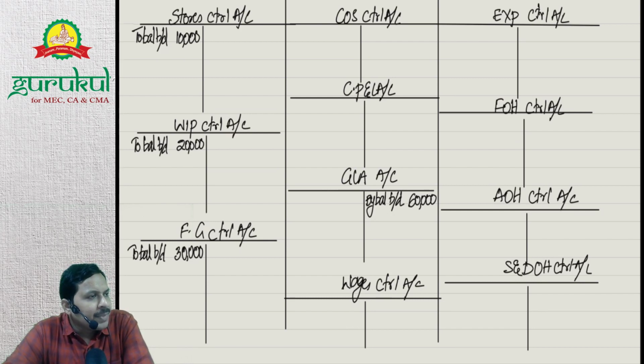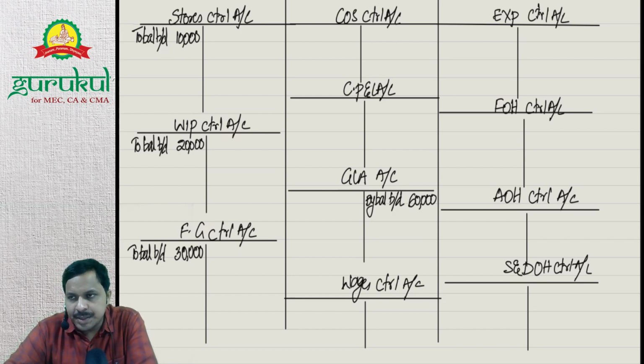Now tell me, once the raw material has been bought, we immediately issue it to which department? Stores department. First, the purchase entry: purchase account to cash, for example. Now we transfer it to which department? Stores. So for that, stores to purchase.